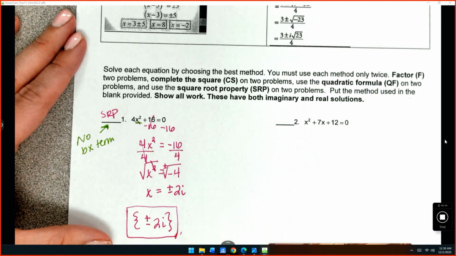Okay, so now let's take a look at our flowchart. All right, so is A equal to 1? Yes. So I'm going to follow my yes. Are there factors of C that add to B? So are there factors of 30 that add to negative 10?